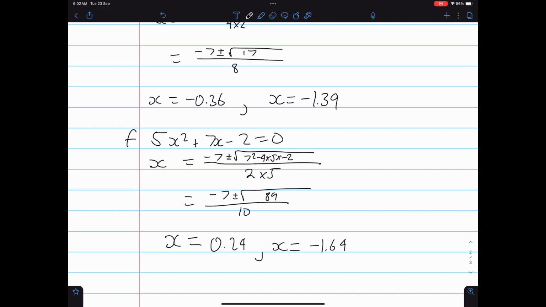Right, and so hopefully you can already see how you use the quadratic formula.